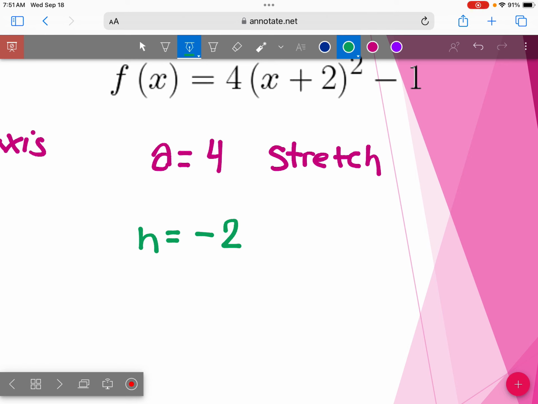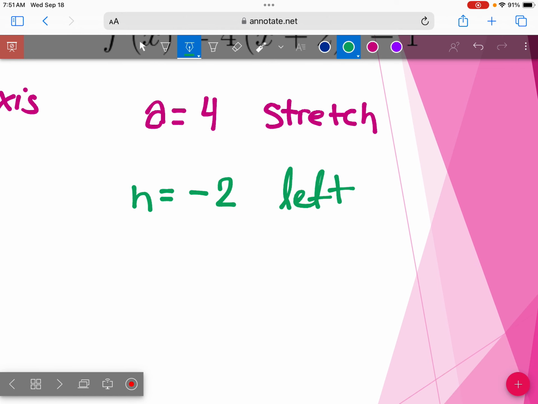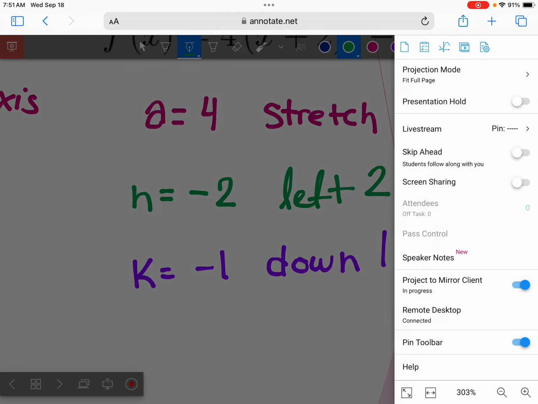So what is happening there? Which way does it go? Left. And what's our k? -1. Which way does it go? Down. So it goes down 1 and the h goes left 2. Okay?